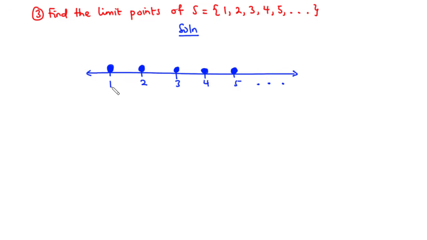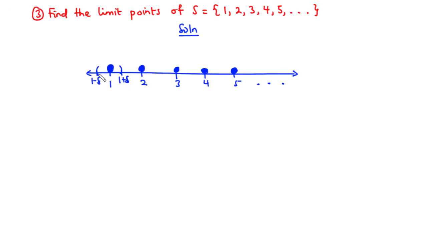Now let's start off with 1. The delta neighborhood of 1 is given by the interval 1 minus delta, 1 plus delta. So this is the interval given by the delta neighborhood of 1.